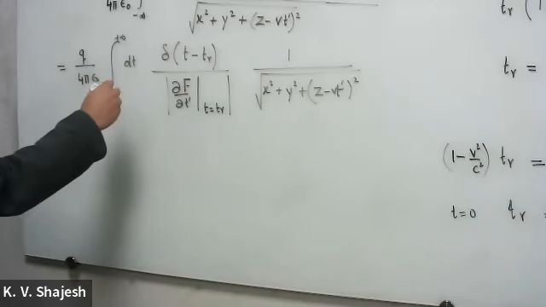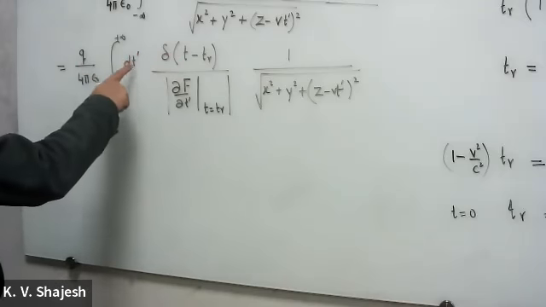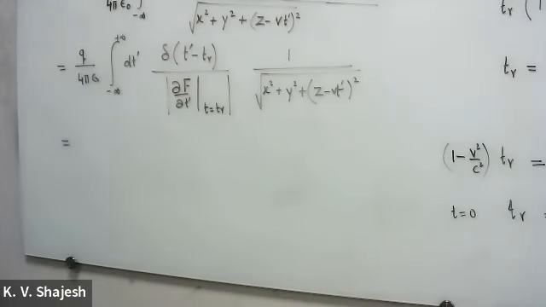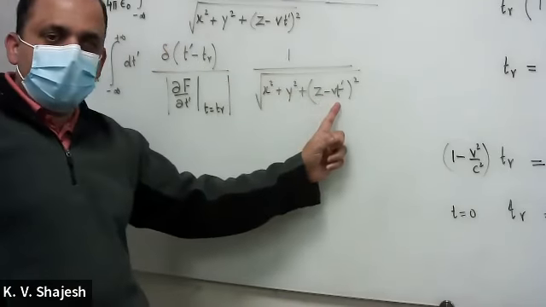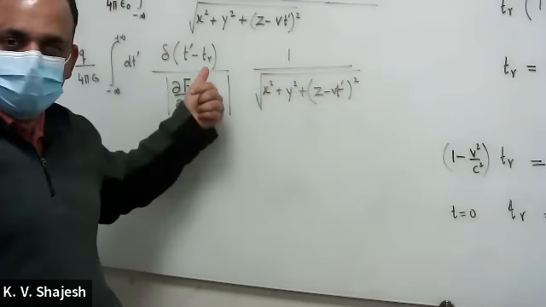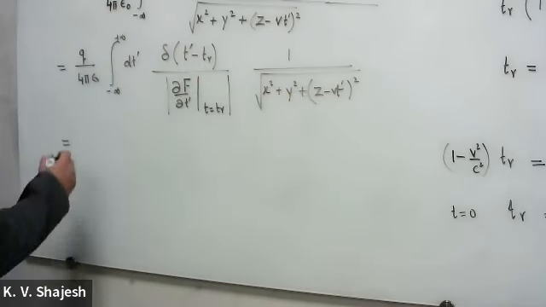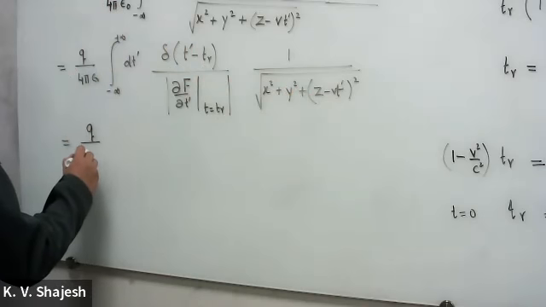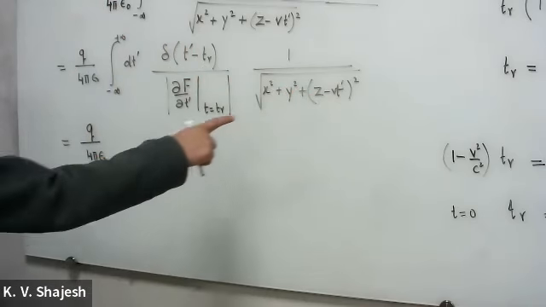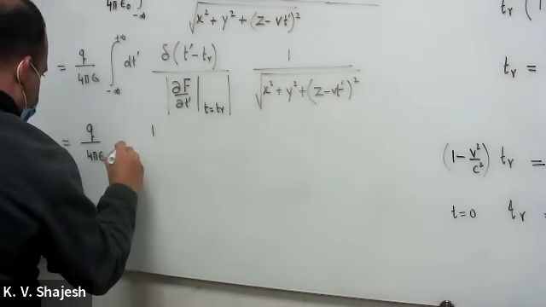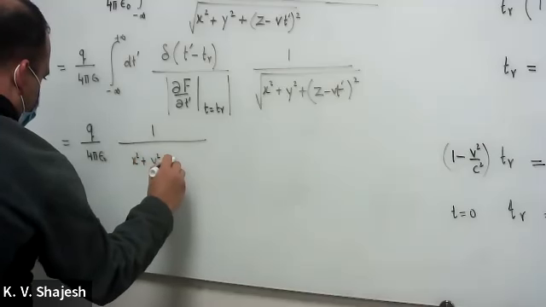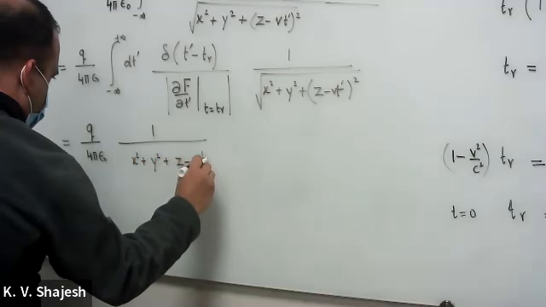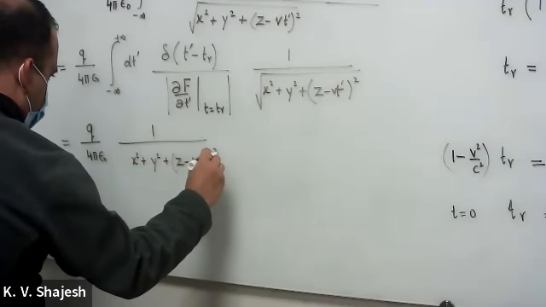This is t prime, and this is also t prime. So t prime has to be replaced with t_R. The only place where t prime shows up is here. Everything else is anyway the delta function part. So this is Q over 4 pi epsilon naught, still requires processing, we will see. This is t_R now: the square root of x squared plus y squared plus z minus v t_R squared.